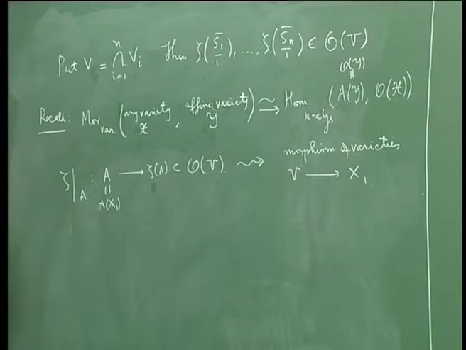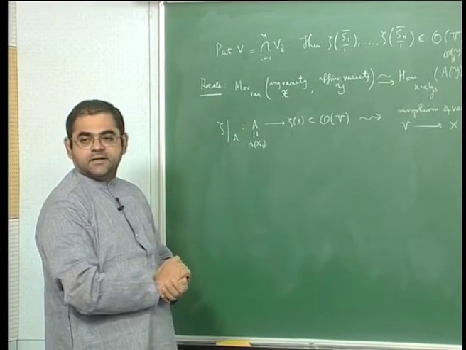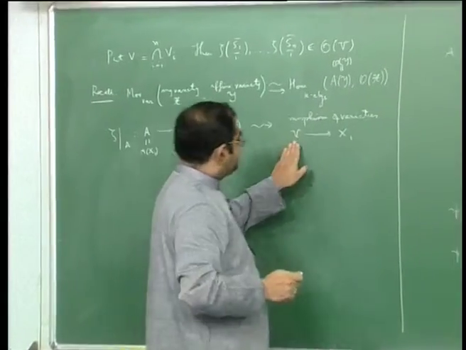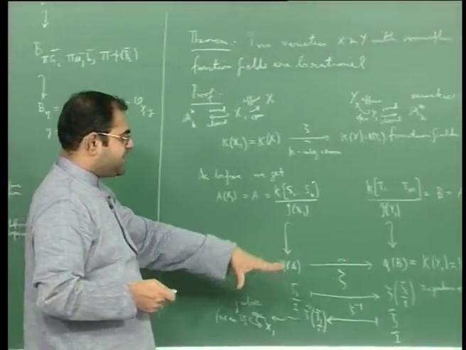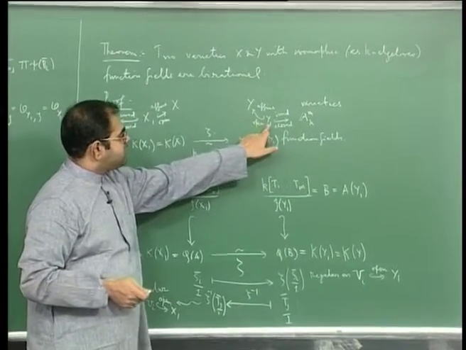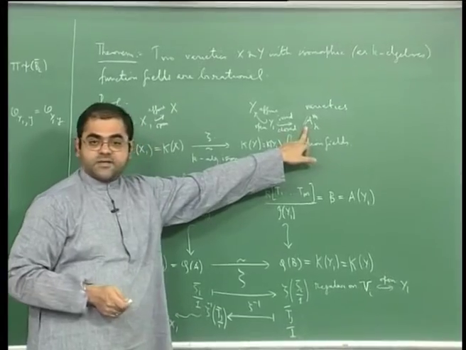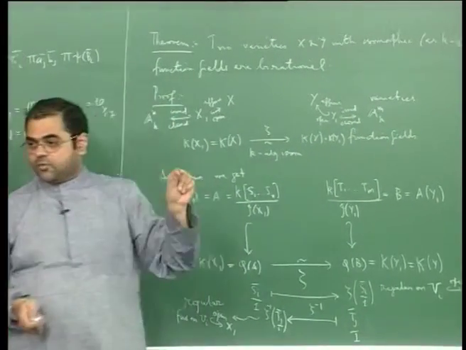In fact, it is even easy to write what that morphism is. This V is an open subset of Y1, and Y1 is sitting in affine space, so any point of V is given by m coordinates.